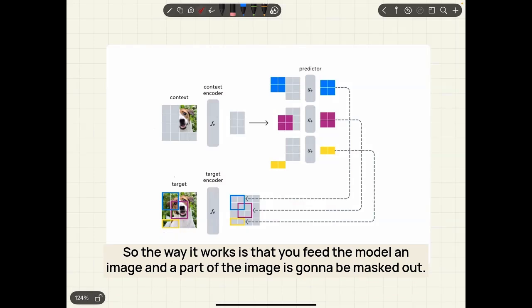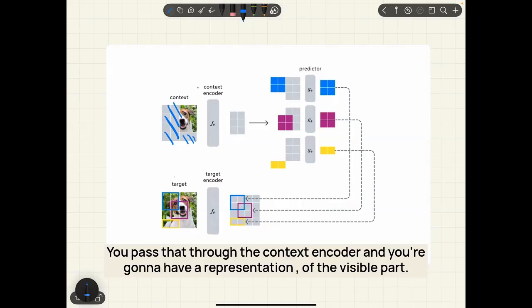The way it works is that you feed the model an image, and a part of the image is going to be masked out. You pass that through the context encoder, and you get a representation of the visible part.